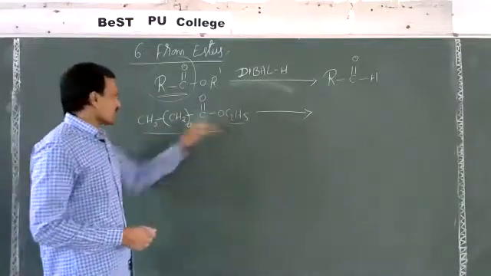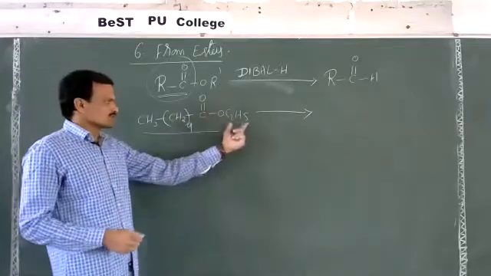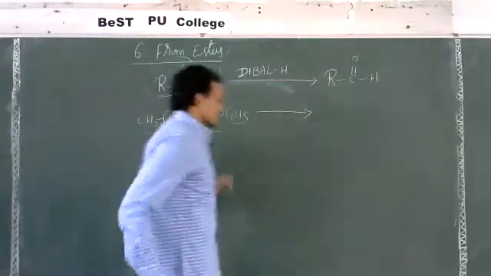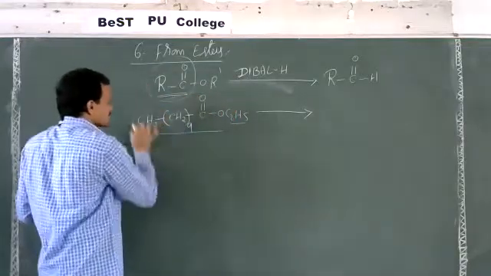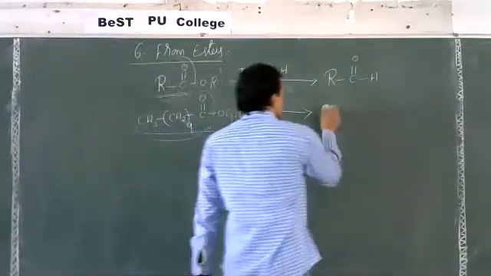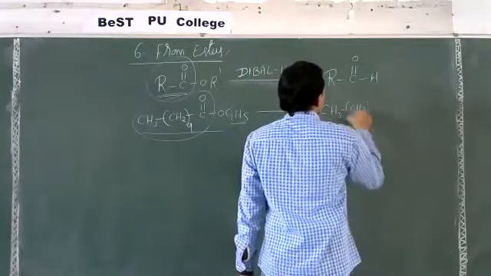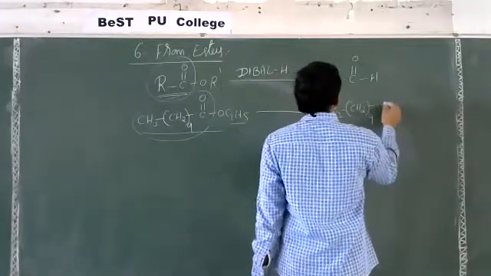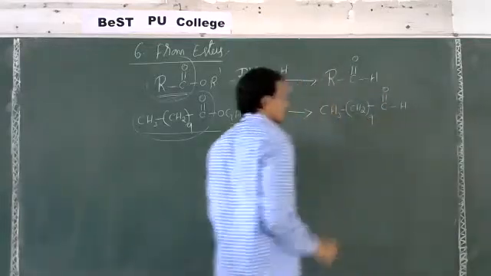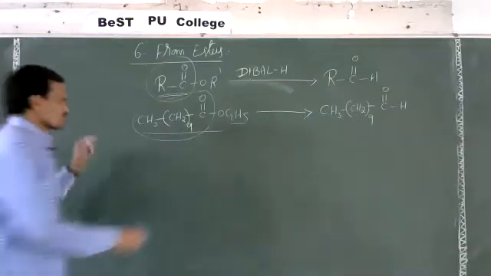Okay, ethyl undecanoate, alkyl alkanoate. This is ethyl undecanoate, and this on reduction, simple. What the RCO group is there, the corresponding aldehyde will be formed. So it gives CH3, CH2 9 times, CHO, nothing but undecanal.